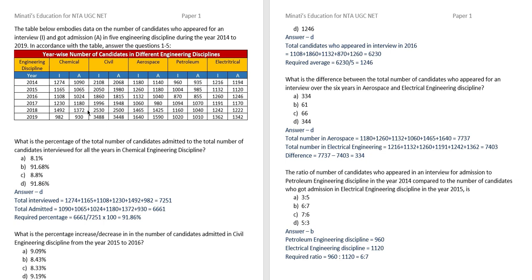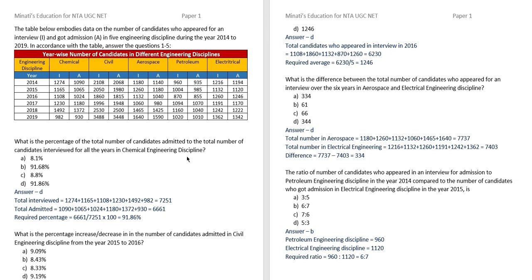So what is the meaning of I? I means candidates given an interview, and A is for admission. Come to the first question. What is the percentage of the total number of candidates admitted to the total number of candidates interviewed for all the 3 years in the chemical engineering discipline?